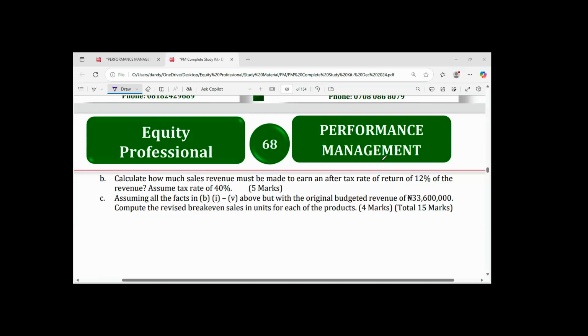Assume tax rate of 40%. C. Assume all the facts in B above from I to V above, but with the original budgeted revenue of 33,600,000. Compute the reverse break-even sale in units for each of the products.